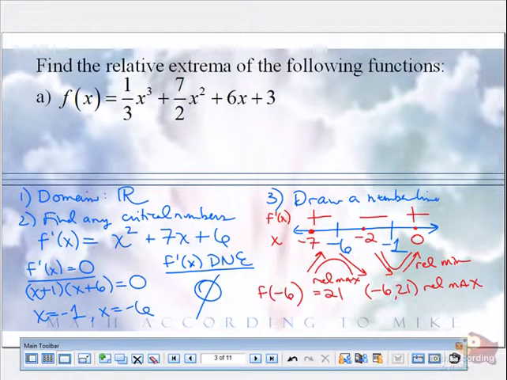Very good. But negative 1 is the x-coordinate. We need to find the y-coordinate, so we're going to plug negative 1 back into the original function. You can go to math, convert to fraction to make a prettier fraction if it's an ugly number. It's 1/6. So negative 1, 1/6 is a relative minimum.